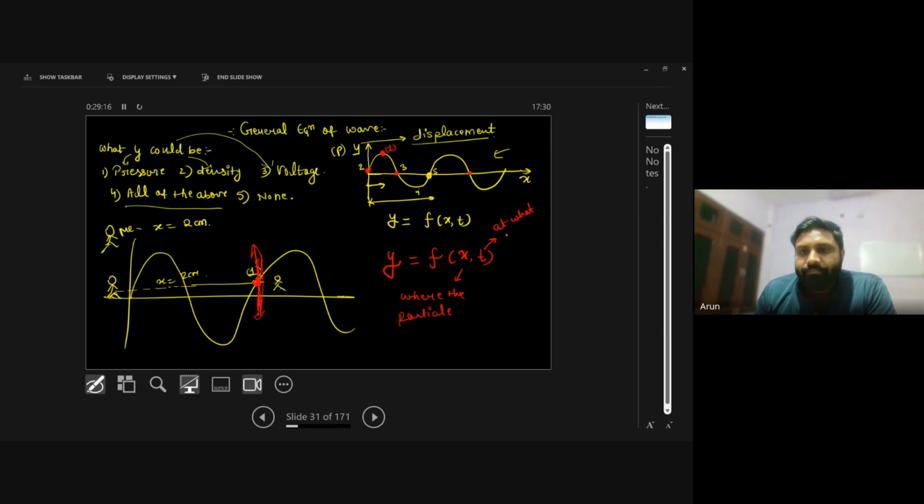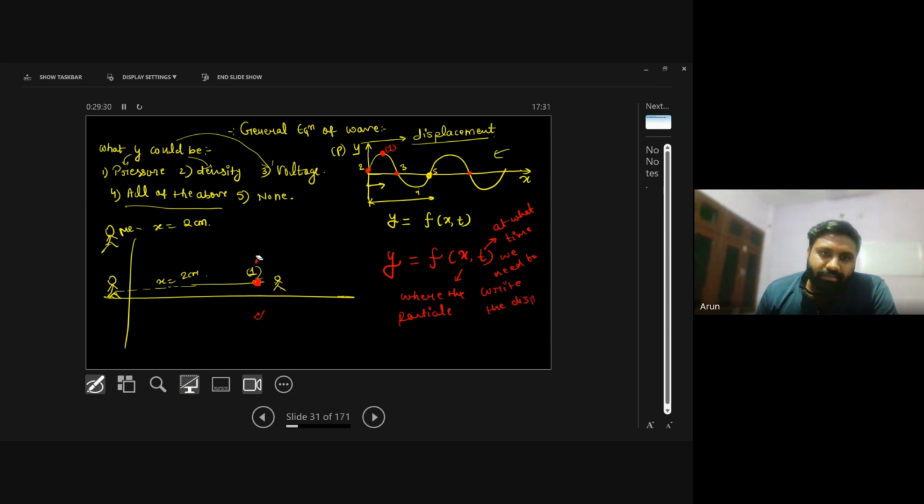At what time we need to write the displacement. So suppose in this example, at x equals 2 centimeter, you are here, and that particular time is, let's say, 2 seconds.